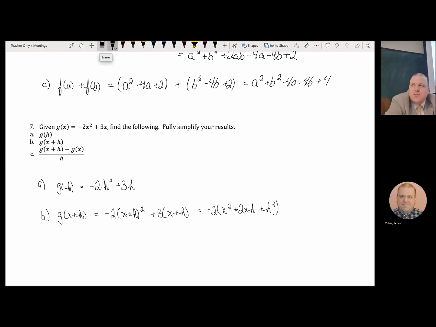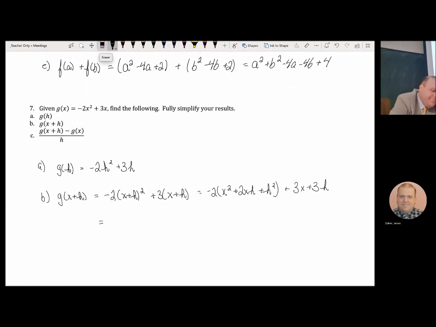Square of the first term, square of the second term, then twice their product. Might as well distribute that 3 through. Now distribute that negative 2 through. There are no like terms, right? So just leave it like that.